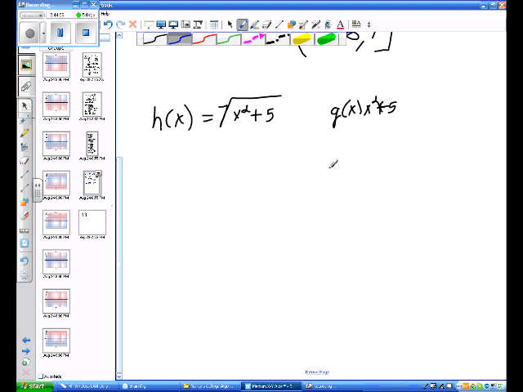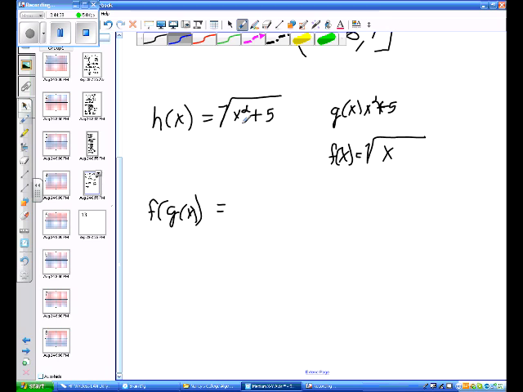so g of x is equal to x squared plus 5, then we can see that our f of x would have had to be the square root of x. So if f of x was the square root of x, and then we substituted g of x into it, this would be the composition that we would have gotten if we had found f of g of x.